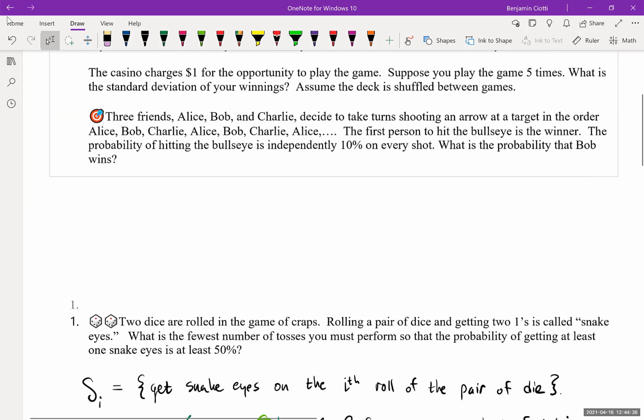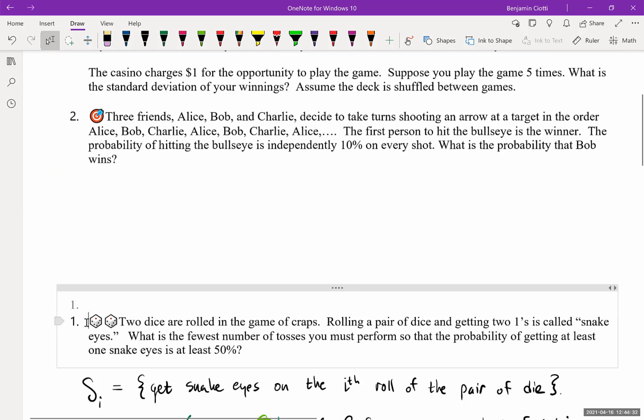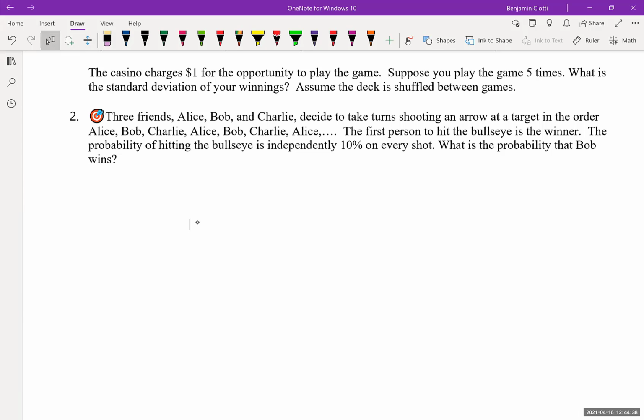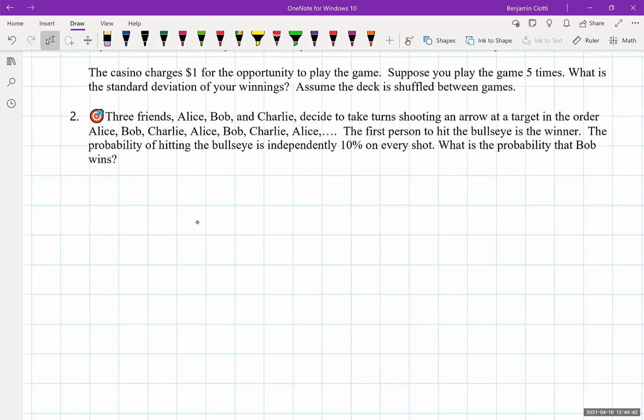Okay, so what was the question about number 2? It was just asking what's the probability that Bob wins after infinitely shooting an arrow and seeing who wins. And the probability of success on each attempt is 0.1, independent. Yeah, right. So Alice, Bob, and Charlie decide to take turns shooting an arrow at a target.